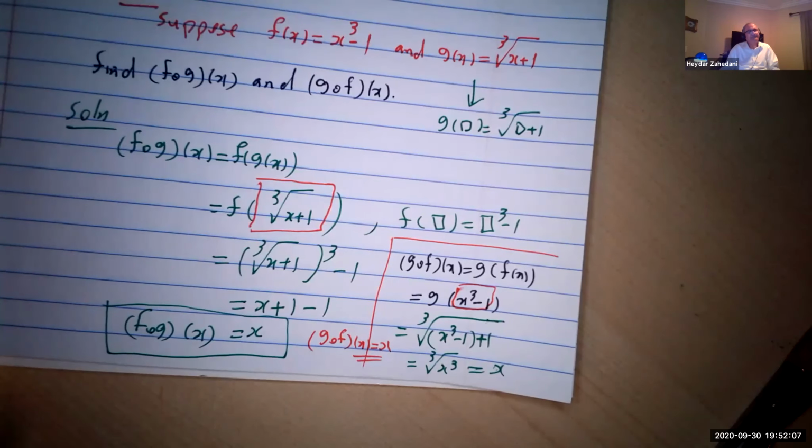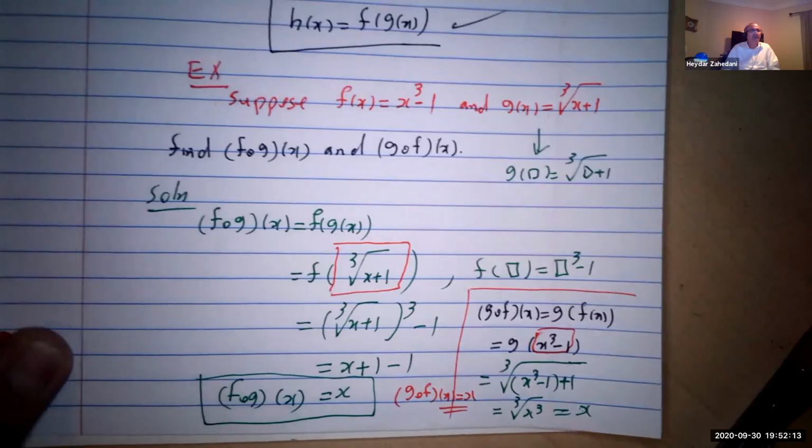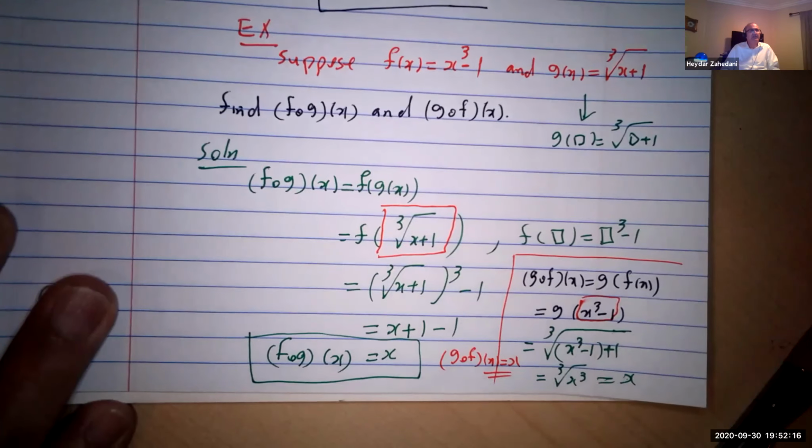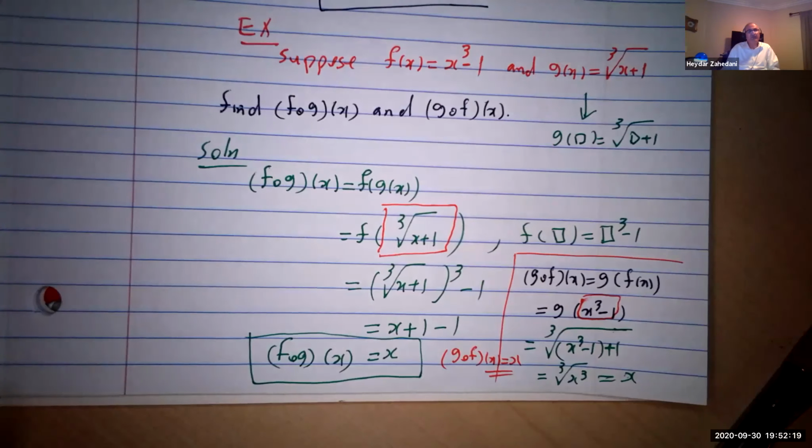Any question? So for the composition of functions, these are the three problems we talked about so far. Sometimes we may give you these two functions, as you have in your book, and ask you to confirm that they are equal.